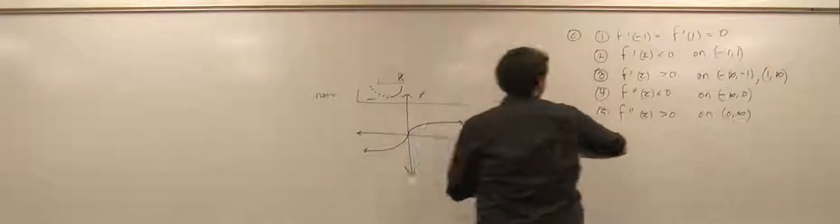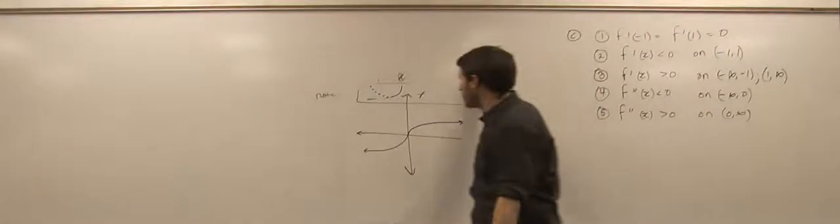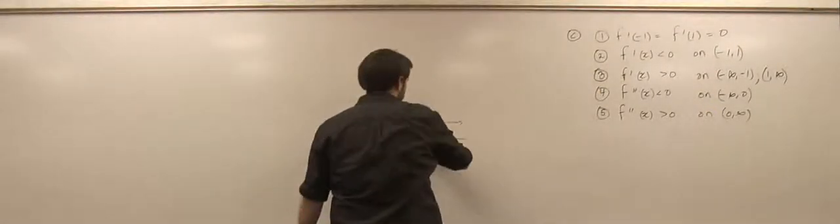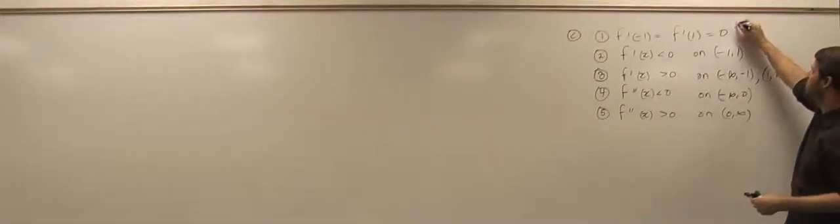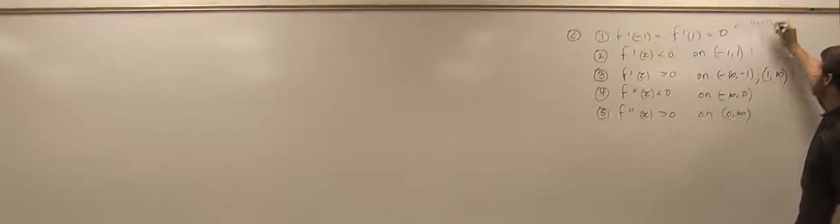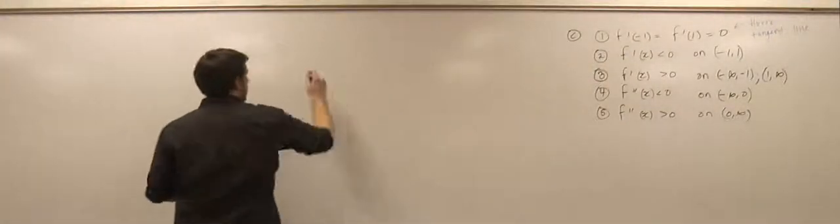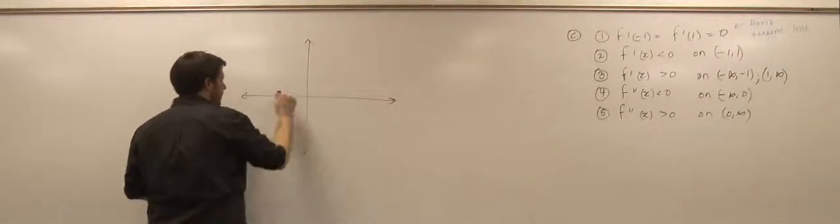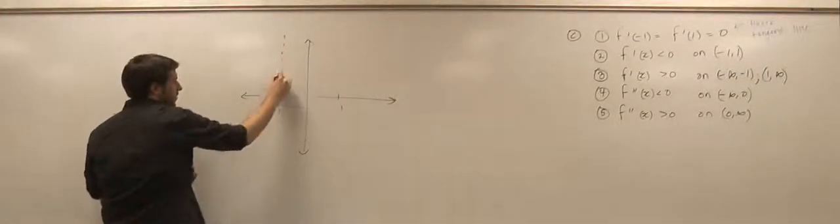So what does the fact that f prime of 1 and f prime of negative 1 equals 0 tell you? The derivative is 0, what do you know? Graph has a max or min, right? Horizontal tangent line. Derivative being 0 means you have some sort of horizontal tangent line. Now, at negative 1 and at 1, I change as far as my derivative is concerned.